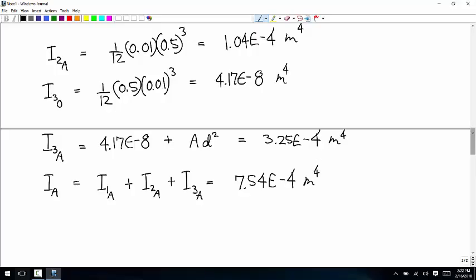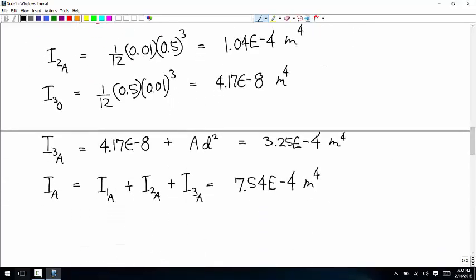And so compared to the area moment of inertia of that beam just being a long tube, a solid circular cross section, this is almost 100,000 times as resistant to bending.